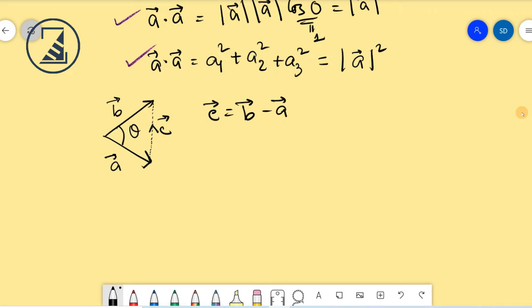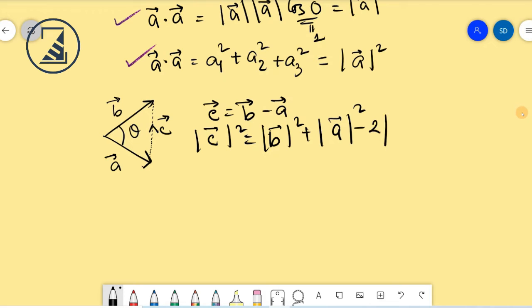And from the previous video, if you have not seen it, you will find a link in the description. From the law of addition of vectors, we derived an expression for the subtraction of vectors, and from that we can write that mod of c square equals mod b square plus mod a square minus 2 magnitude of a magnitude of b cos theta.